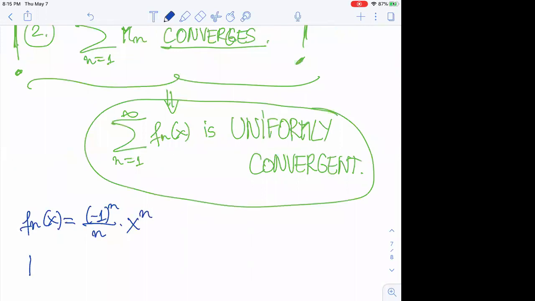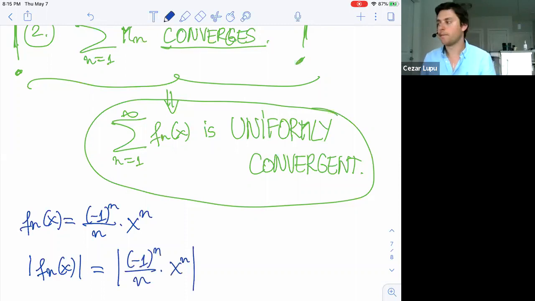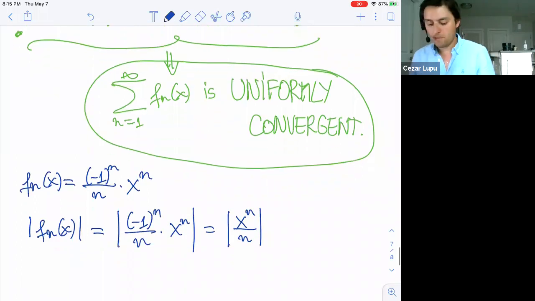And now let's take the absolute value of f_n of x, and this will be the absolute value of x to the power n over n. This is 1 over n times the absolute value of x to the n.